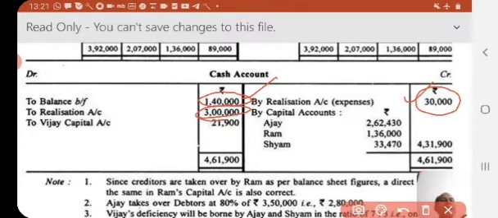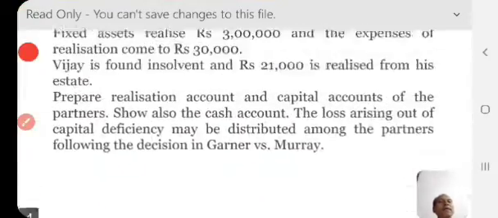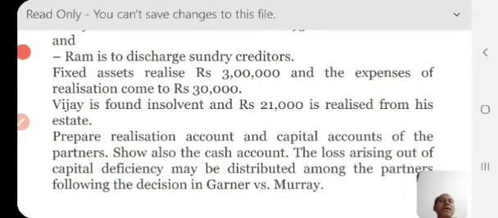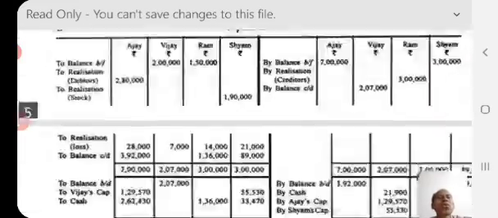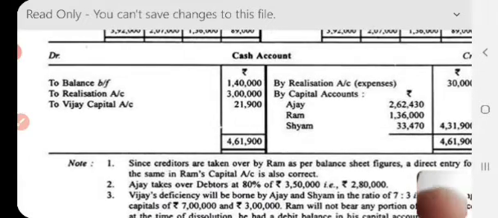Listen and think carefully. Think and recap. 3 lakhs is received from whom? See here. The fixed assets are realized for 3 lakhs. So the 3 lakhs is received by selling the fixed assets. So this is recorded here.